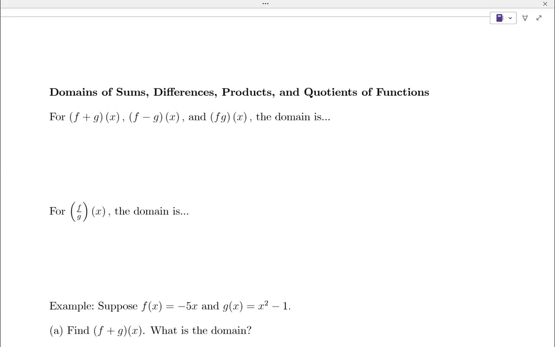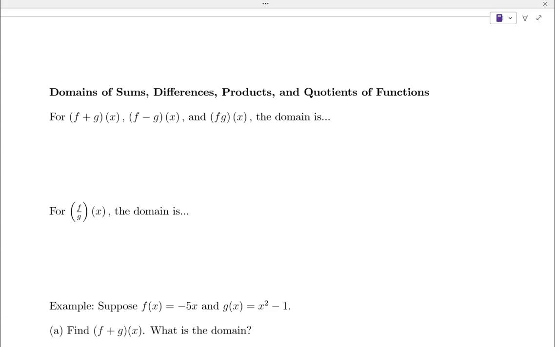Okay. So notice that when you're plugging something into the sum, I've got to plug it into both f and g, right? So whatever I plug in for x has to be in the domain of f and the domain of g. It has to be allowed to be plugged into both of them. Same thing for the difference, same thing for the product.